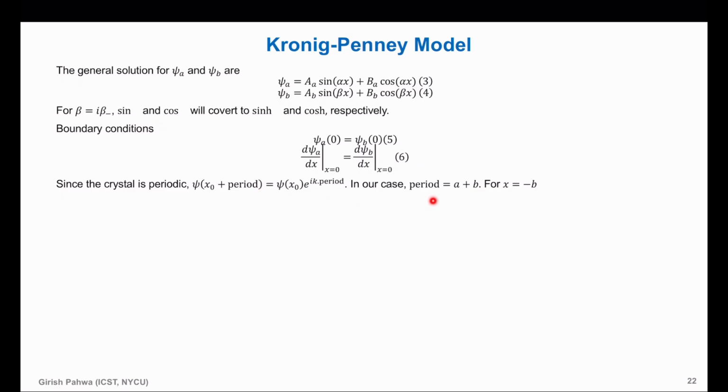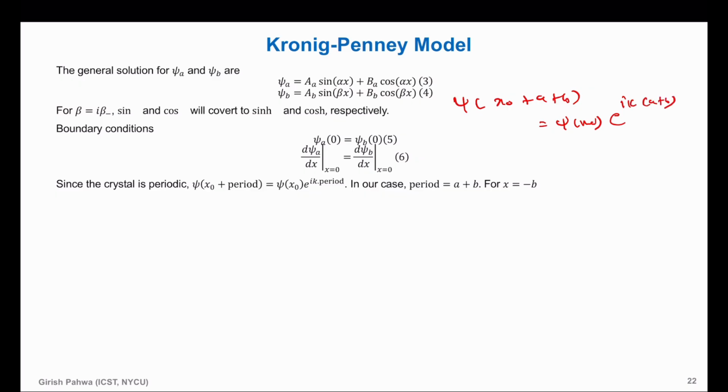After a plus b it is repeating. So you form psi of x naught plus a plus b is equal to psi of x naught into e to the power iota k into a plus b.